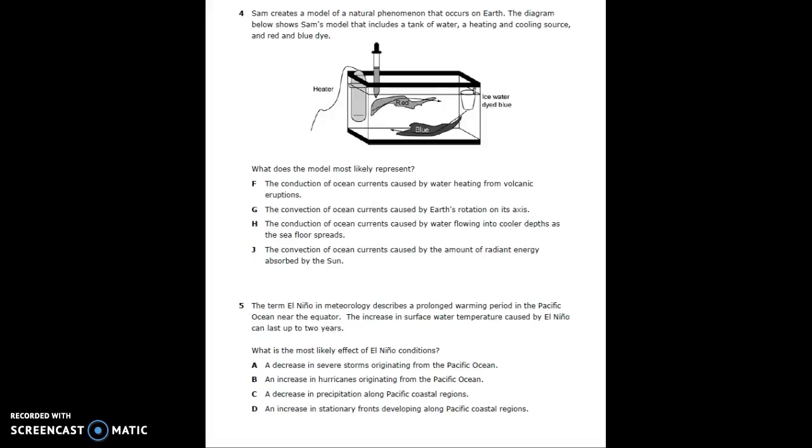G. the convection of ocean currents caused by Earth's rotation on its axis. H. the conduction of ocean currents caused by water flowing into cooler depths of the seafloor spreads. Or J. the convection of the ocean currents caused by the amount of radiant energy absorbed by the sun.